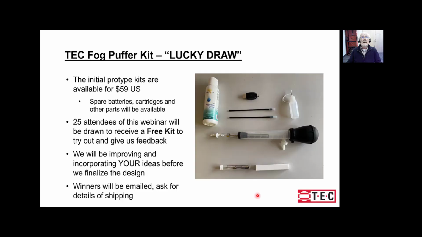So now I want to talk a little bit about the kit that we've put together and are going to have for sale starting probably next week or the end of this week. It consists of the fog puffer that you just saw, everything that you saw, and there is an extra battery in this box. When we ship this to you, this battery will also be in a box. That makes shipping safer. There's a little plastic insulating bag, and then the bag goes in a box.